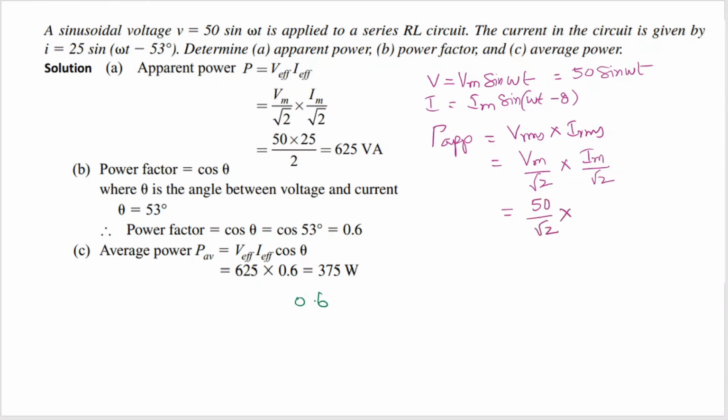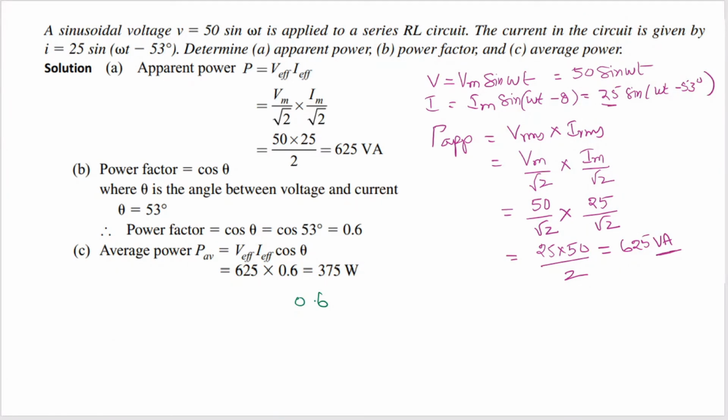Im is 25 from 25 sin(omega t minus 53 degrees), so Irms is 25 by root 2. If you calculate 25 into 50 by 2, how much? It is 625 volt amperes. The unit of apparent power is volt amperes.